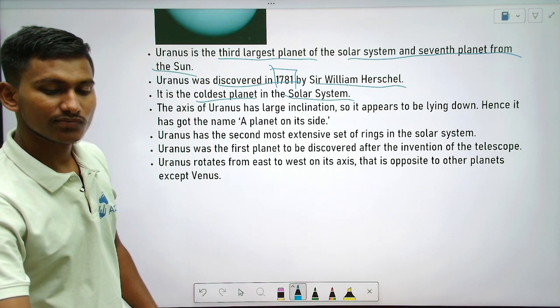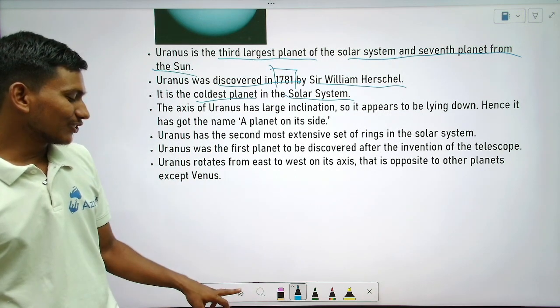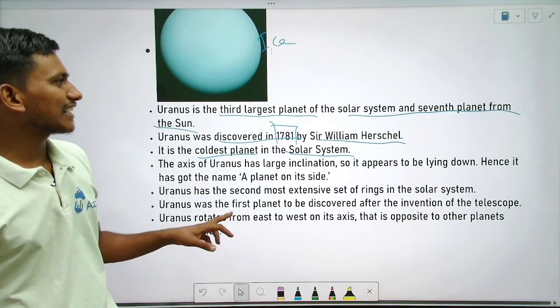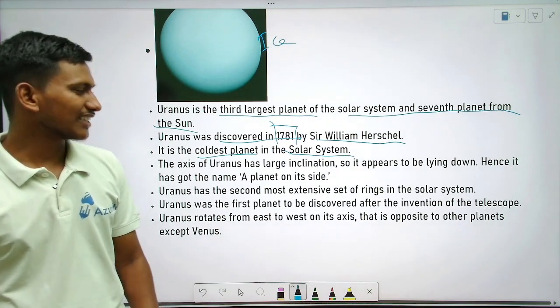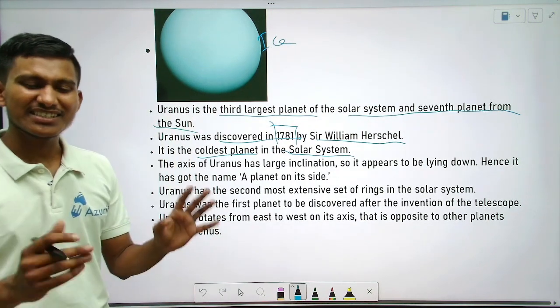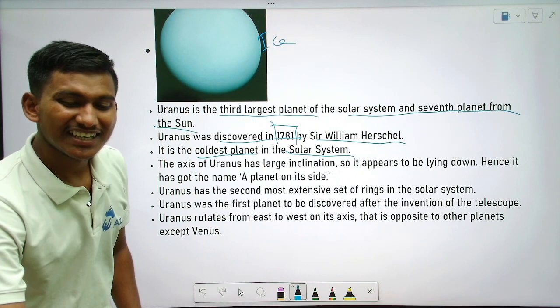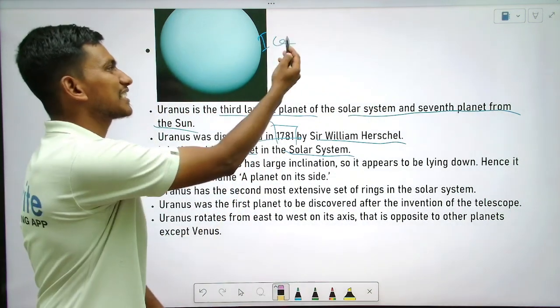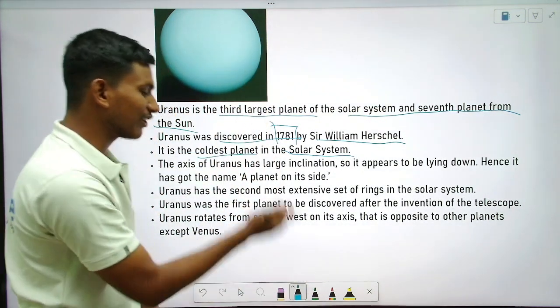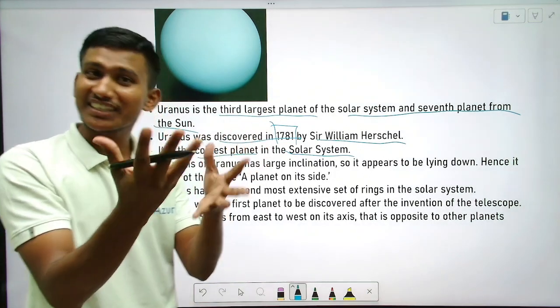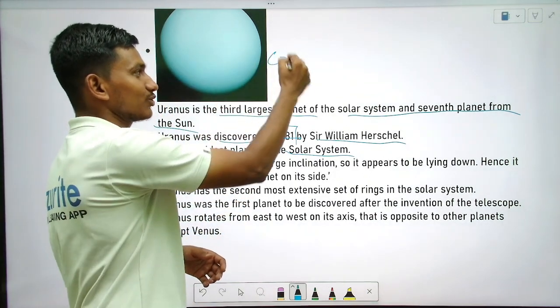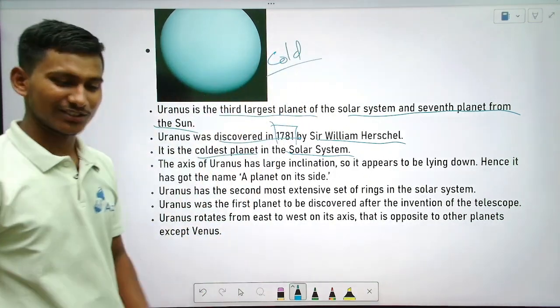It is blue, sir. It looks like ice because it is cold. It is not water ice. Ice means very cold, it is ice cold, like that. Okay, good.